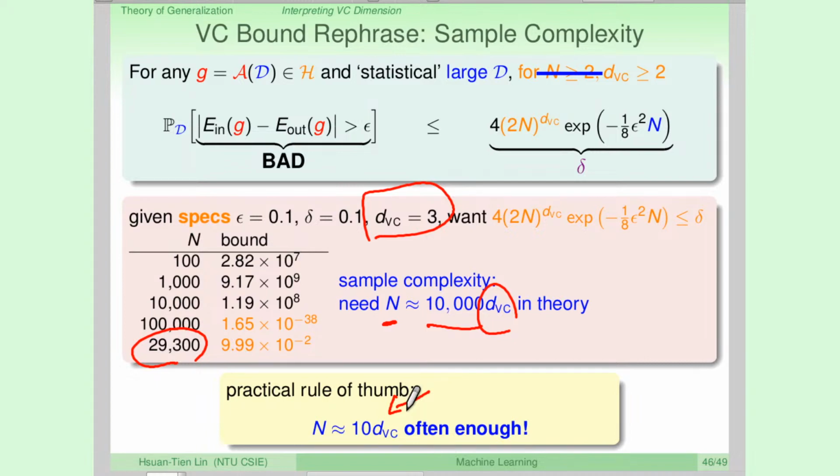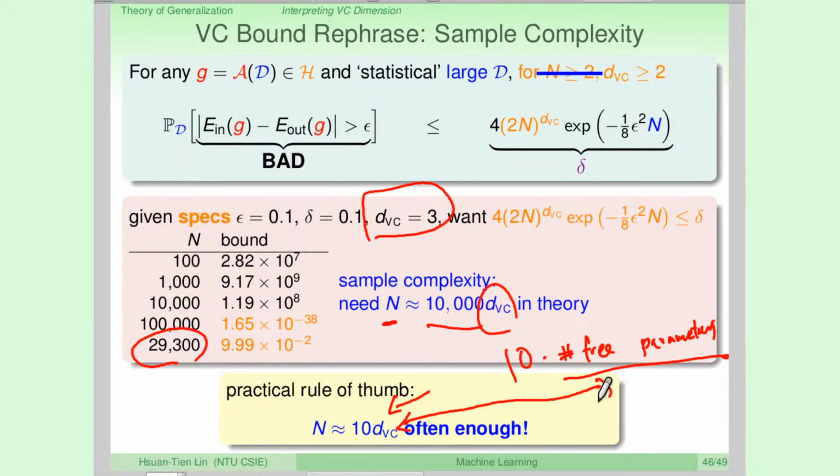So combining this with what we talked about previously, if you know that your learning model has some number of free parameters that you can tune, especially for the more traditional learning models, multiply it by 10. That's the number of examples you need to gather for decent learning performance, because this number of free parameters is often a good estimate of the VC dimension.